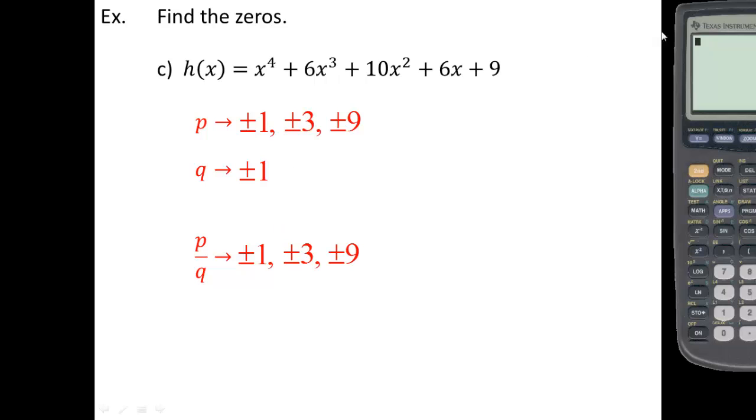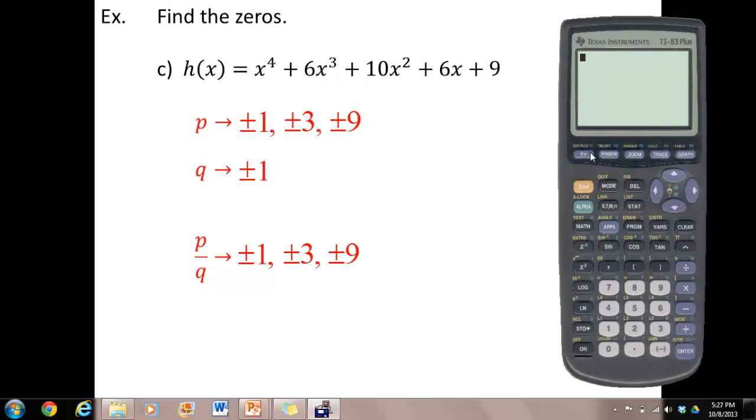So now we're going to go ahead and check the calculator to see what this graph looks like. We're going to start with x to the 4th plus 6x cubed plus 10x squared plus 6x plus 9.